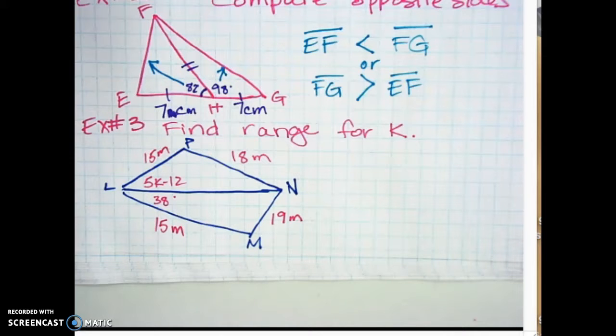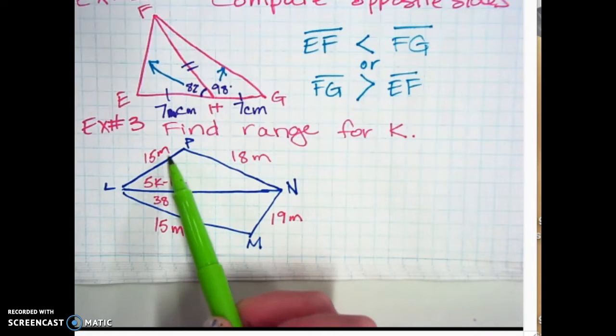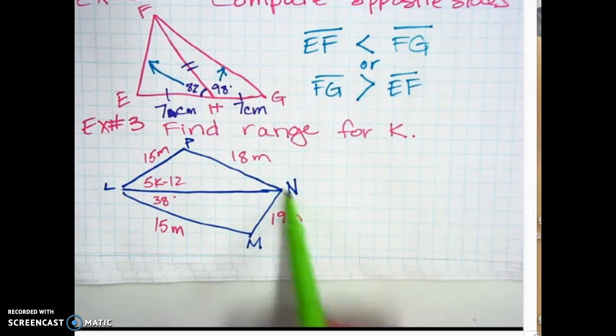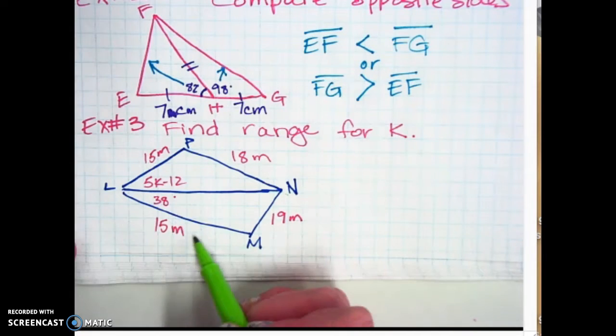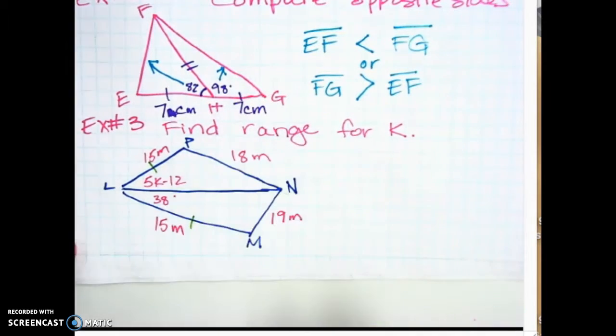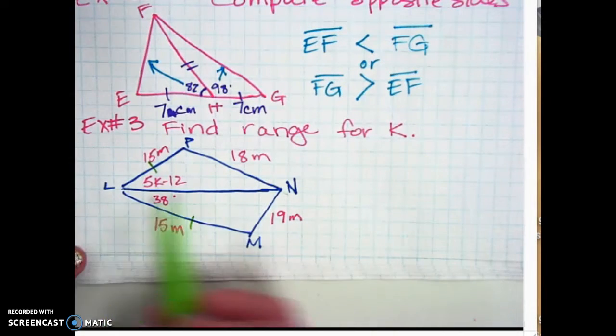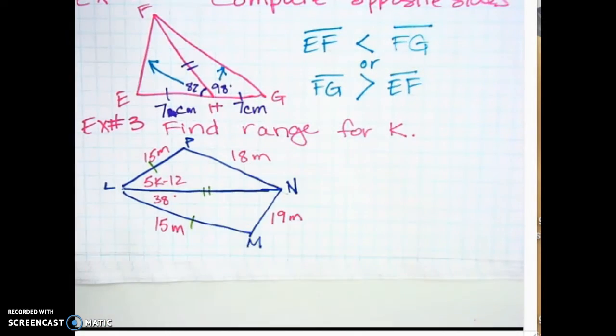All right. So we've got this side right here is 15 meters, this side is 18 meters, this side's 19 meters, and this side's 15 meters. So right away we can see the 15 meters and 15 meters, so put single ticks. Then we've also got the shared side, so double tick it, okay?